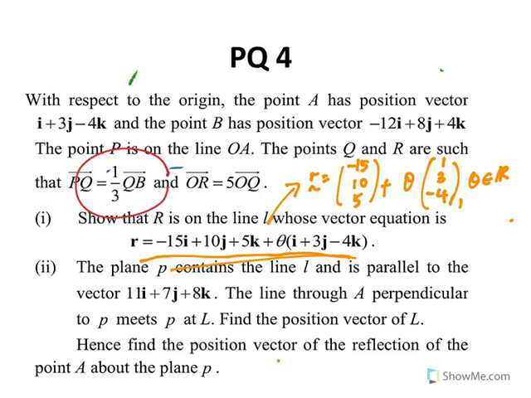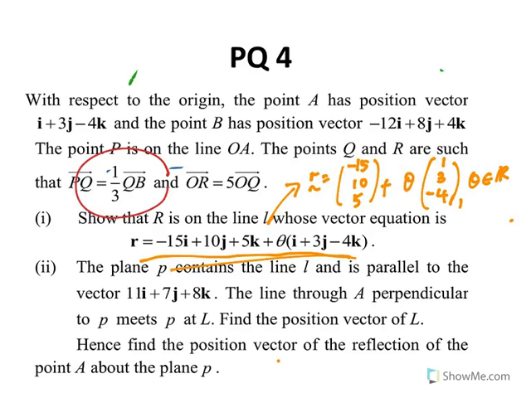So for example, this is my line, right? So R equals to something plus lambda times a direction vector, where lambda is a real number. I want to show that the point 3, 9, 7 lies on L. I want to show this.